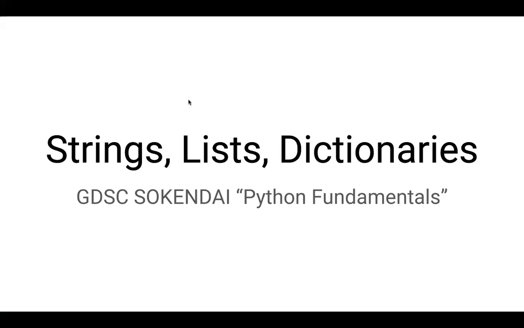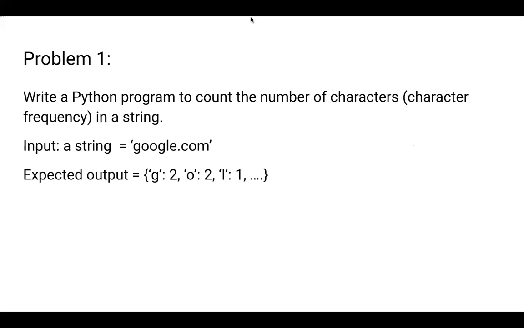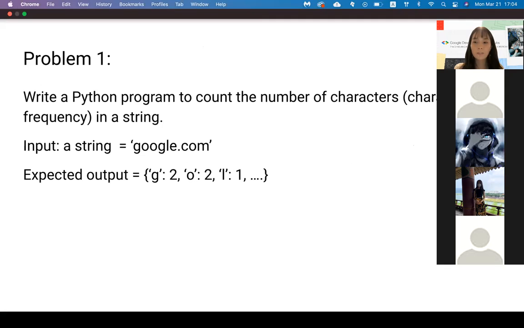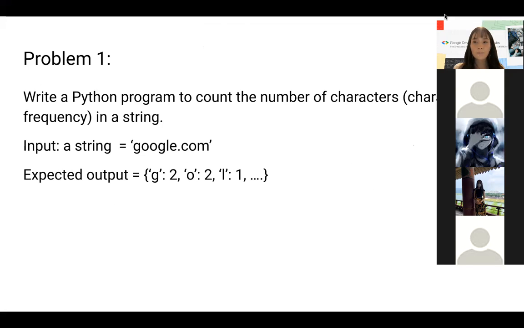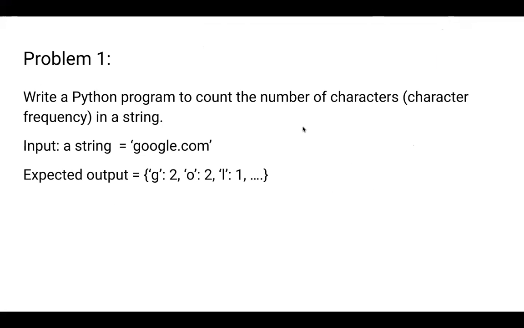So how should I do? Would you like to go problem one by one, or would you like to see all problems and pick the one that you want to try first? Let me know your opinion. And by the way, do you see the screen?